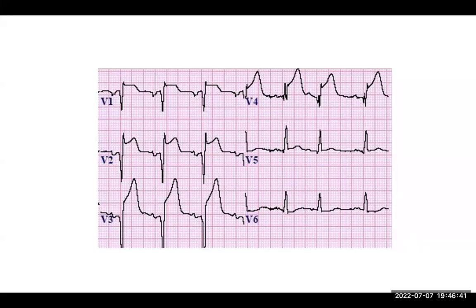It's very rare to have V1, V2 alone because that is the beginning of the LAD. Of course, you can have only the septal branch, which supplies the interventricular septum, blocked. But generally speaking, by the time you have a disease there, there's another disease in the proximal LAD. And therefore, this kind of ECG is what you call anteroseptal ST segment elevation.